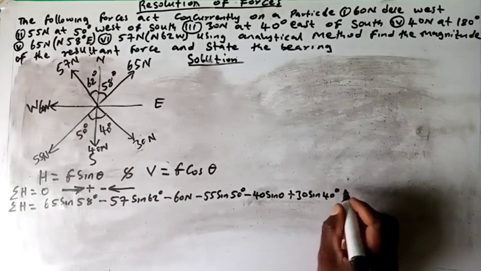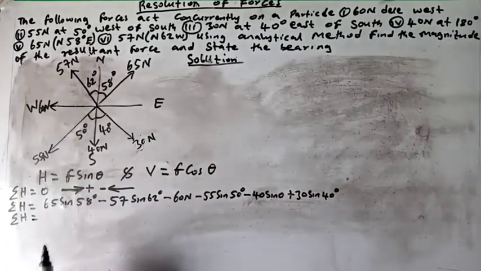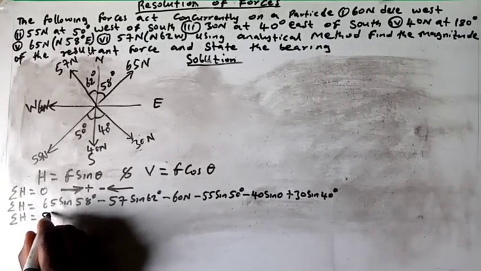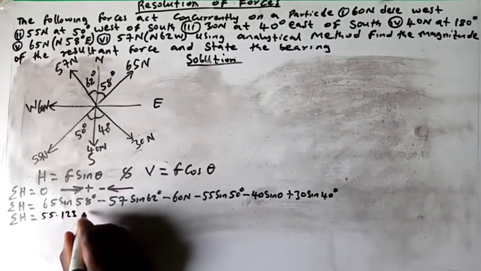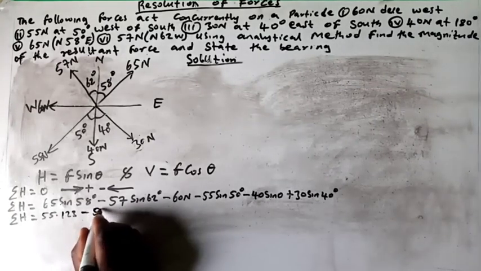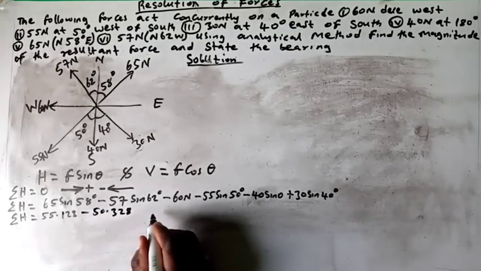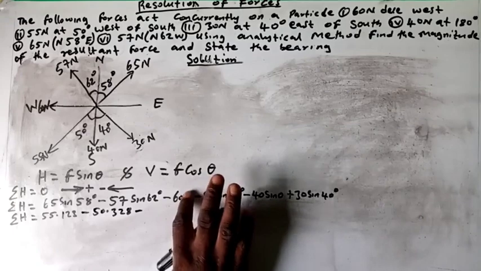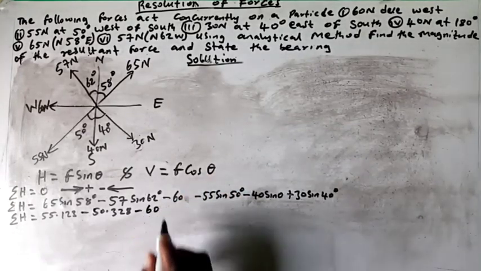Therefore, our summation of H will now be equal to 65 sine 58, which is 55.123, minus 57 sine 62, which is 50.328. Then minus 60.